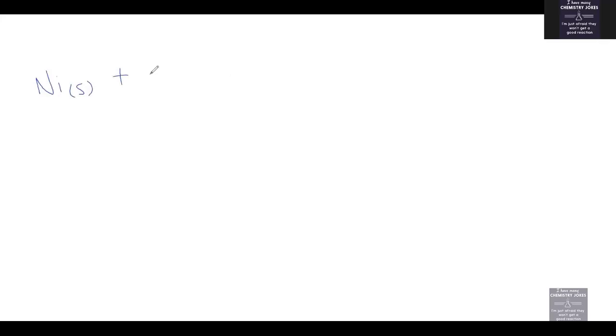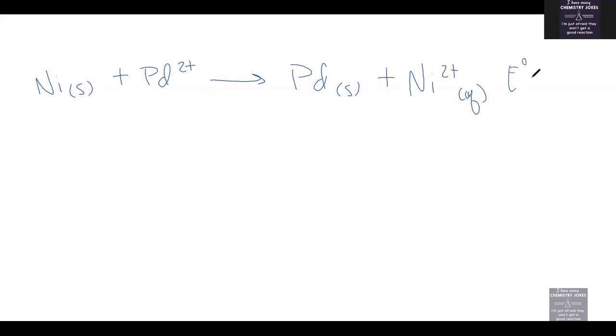Nickel solid plus palladium 2+ yields palladium solid plus nickel 2+. Hopefully you recognize who's the cathode, who's the anode. Yeah. We said the most favorable way to combine these is in this way because it gives us an E standard, E naught, of 1.25 volts when nickel is being oxidized and palladium is being reduced.